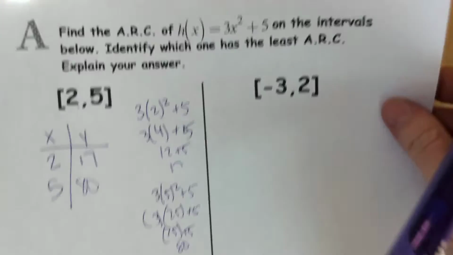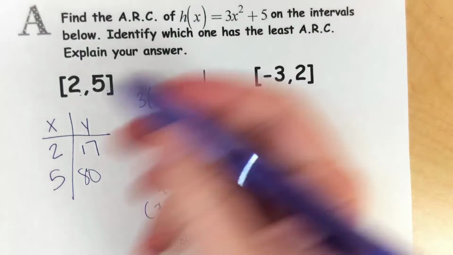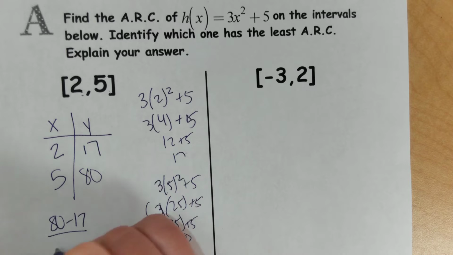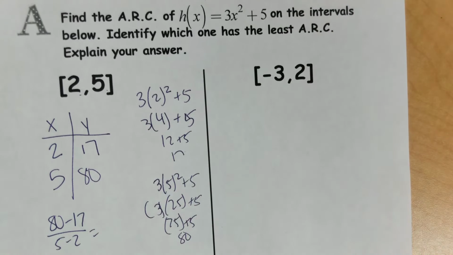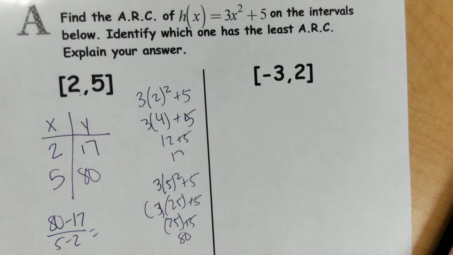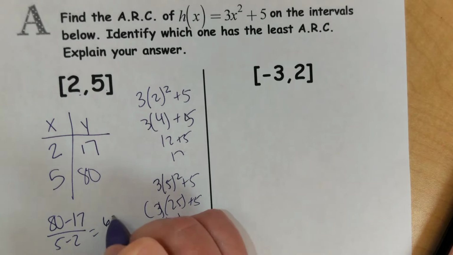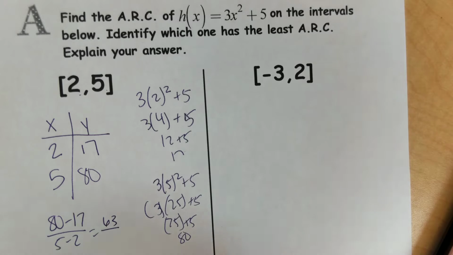To find the average rate of change here, we take these two y values and subtract them, so 80 minus 17, and these two x values, 5 minus 2. So I have 80 minus 17, which is 63, and I divide that by 5 minus 2, which is 3.